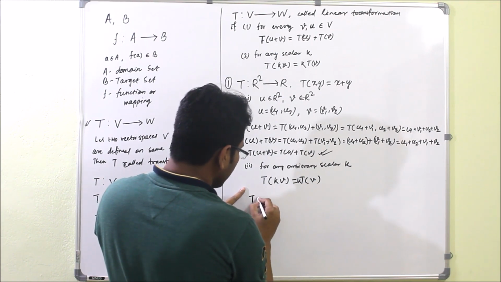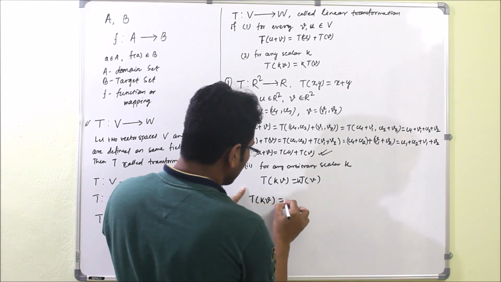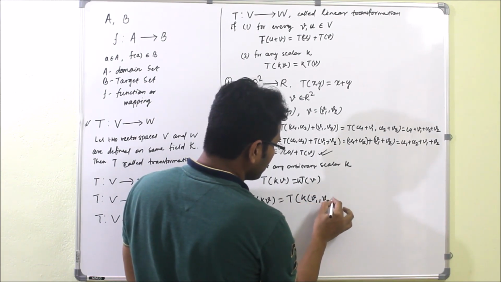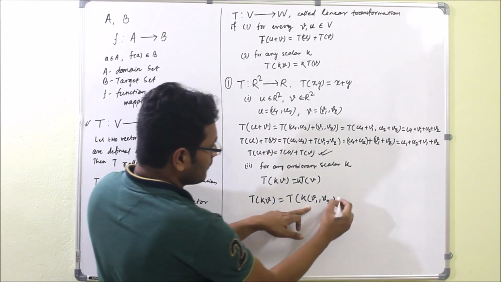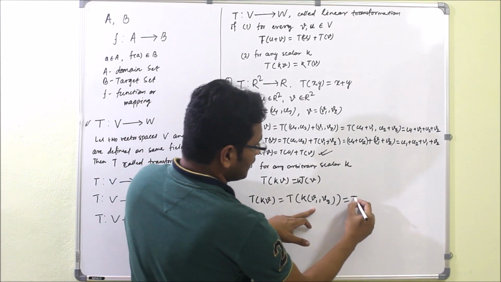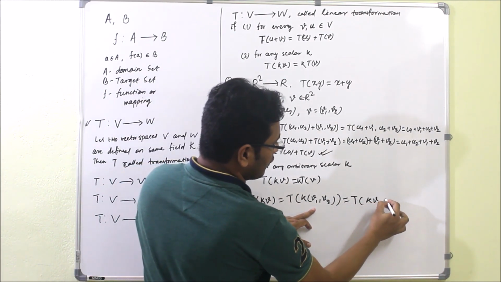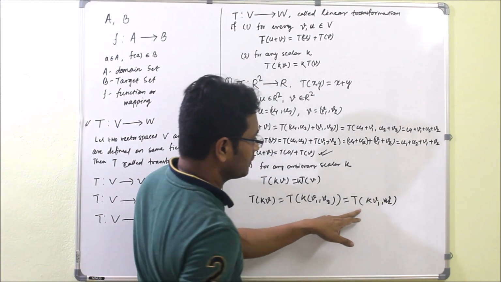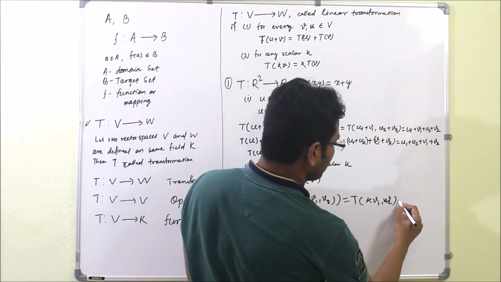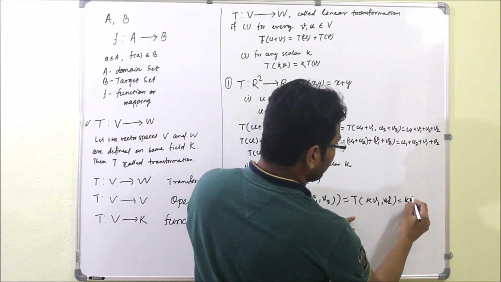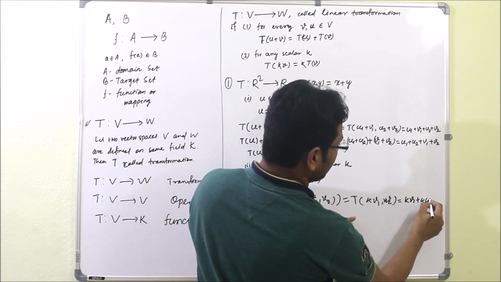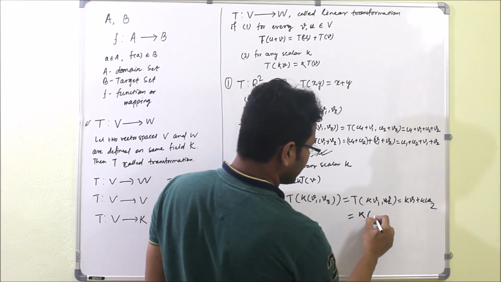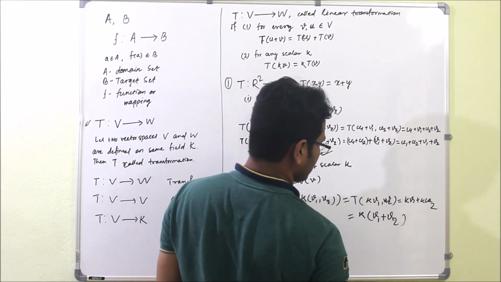The LHS is T of kv, which is T of k times (v1, v2), so it is T of (kv1, kv2). Now T of (kv1, kv2) is kv1 plus kv2, which I can write as k into (v1 plus v2).